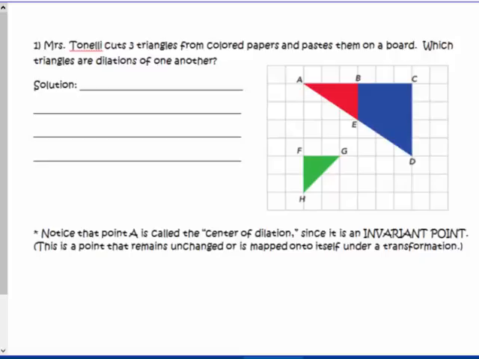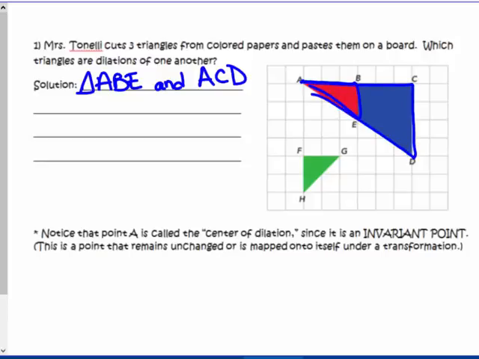So triangle ABE, and that's the triangle symbol here, and triangle ACD, which part of it's underneath this ABE part here. Those are dilations of one another.